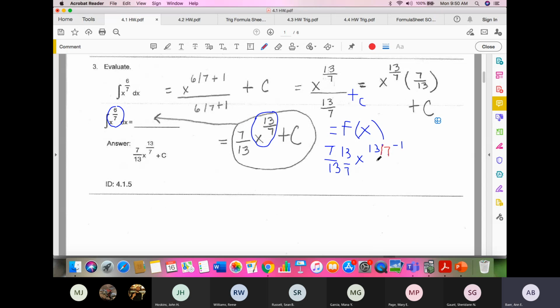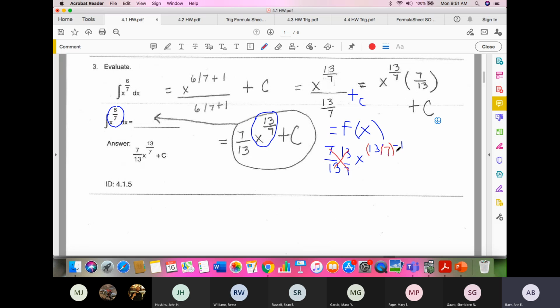Okay. So this 7 divided by 7 is 1. This 13 divided by 13 is 1. We have x, and we want to take this exponent here and subtract 1 from it.